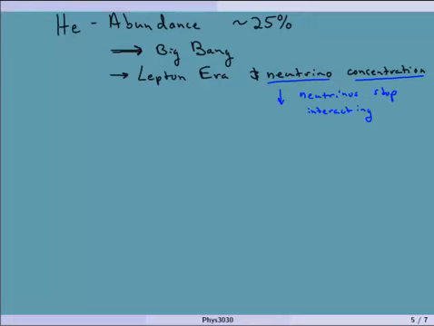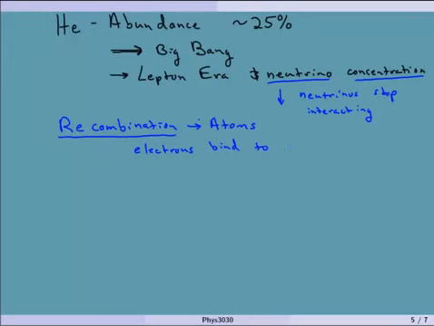Okay. And then after this, just a little bit further along the way, we get recombination, which, again, I'm not sure is the best word because nothing was necessarily ever combined, but then you actually start to get atoms. And the telltale sign of an atom, right, is electrons bind to the helium and the protons, so they bind to the nuclei.